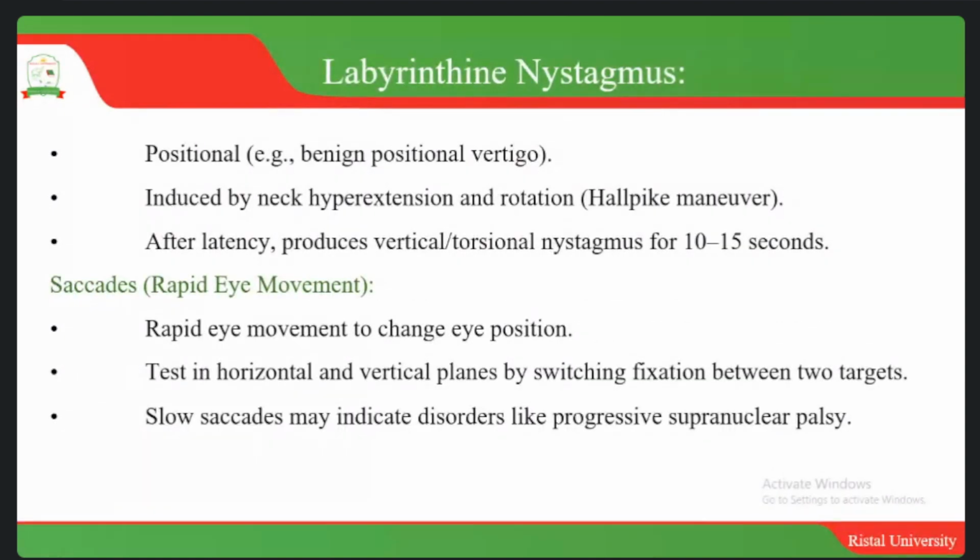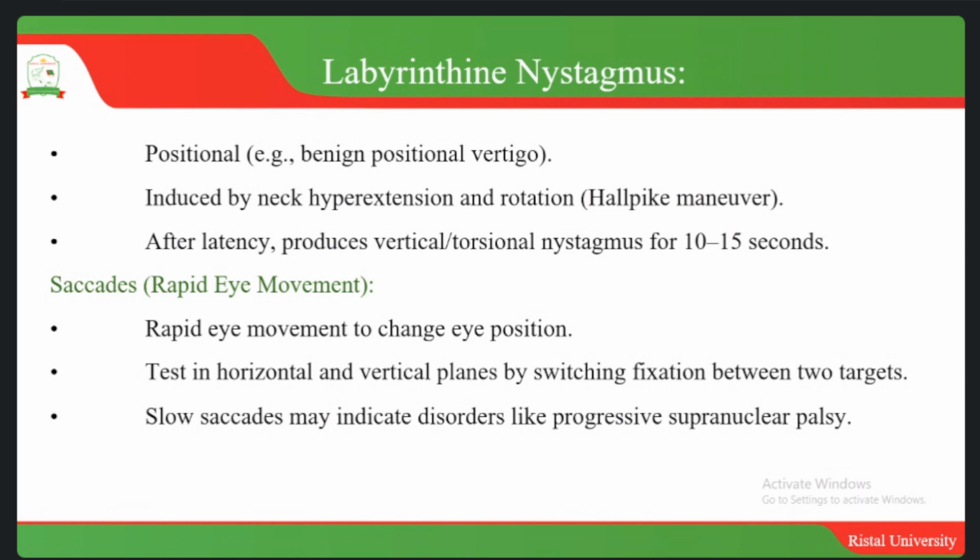And then this labyrinthine nystagmus, positional. For example, benign positional vertigo. So benign means it is looking at something affecting the cells, and may be something cancerous. So when you look at this, you should not take it lightly, because it can be like a tumor, and some tumors may end up being so dangerous to the lives of our patients.